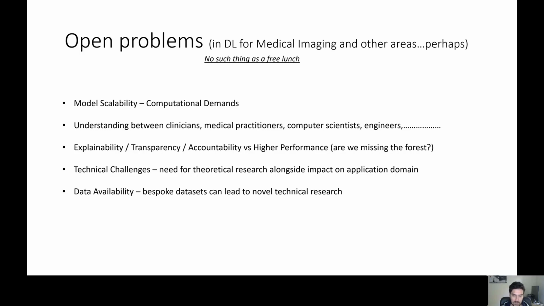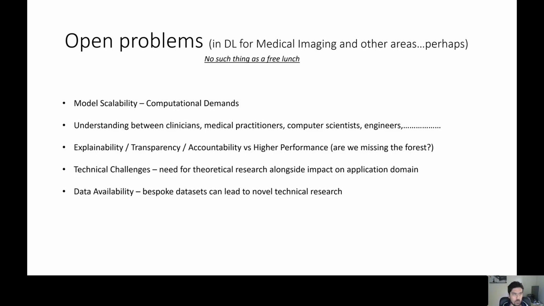Sometimes we have to consider if the objective, and that of course depends on the problem that we're trying to solve, is to get high performance or to be more transparent. And there is a whole body of research happening at the moment where they try to find a way of incorporating even more transparent approaches into the deep learning pipeline, so that you have an algorithm that can be more transparent and at the same time be quite accurate in performance.